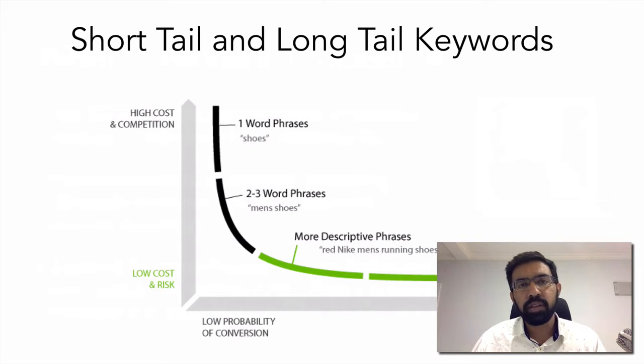But imagine that this person is just walking around and asking for drawing notes. He is not really specific, and he is not even clear what type of drawing note he wants. In this case, just asking for a drawing note is a short tail keyword. Asking for an A3 size drawing note is a long tail keyword.